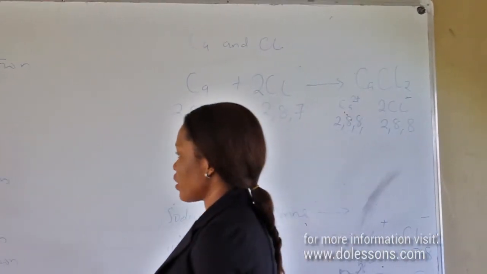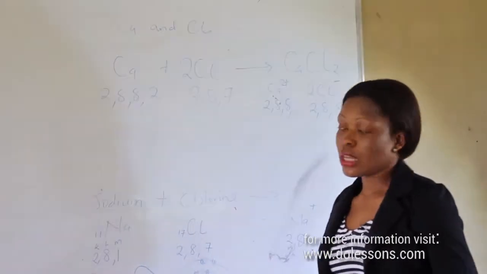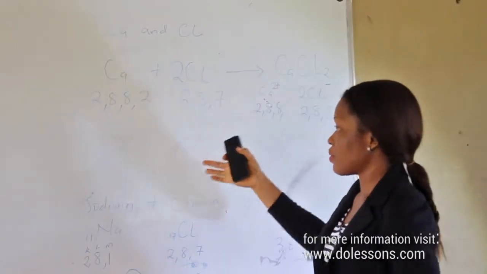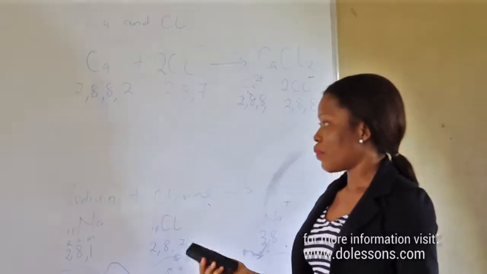So that's that for the electrovalent compounds, electrovalent combination. Now, compounds that are formed from this type of combination usually have high melting and boiling points.